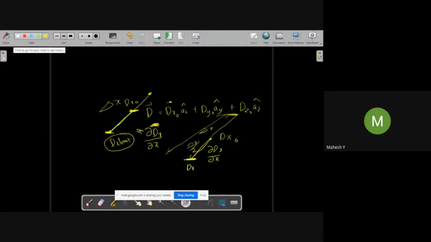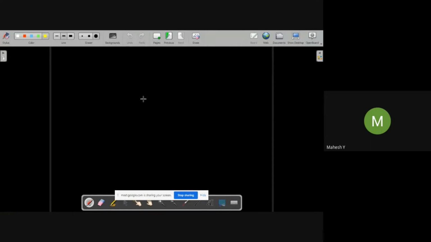Okay, I will give another example. I will give it in terms of money. Now I have 1000 rupees. That is my dx0. And I am depositing at a rate of 100 rupees per month.